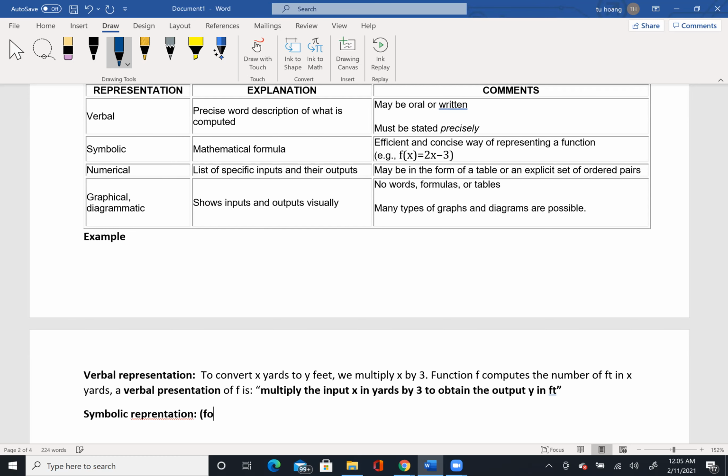Okay. So I can represent the function above by f of x equal to 3 times x.